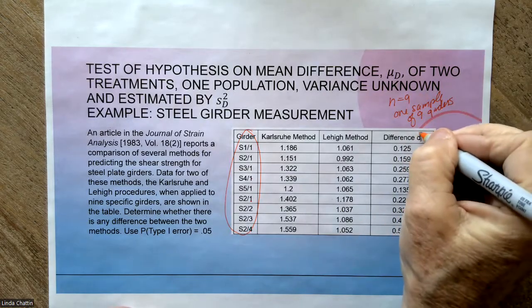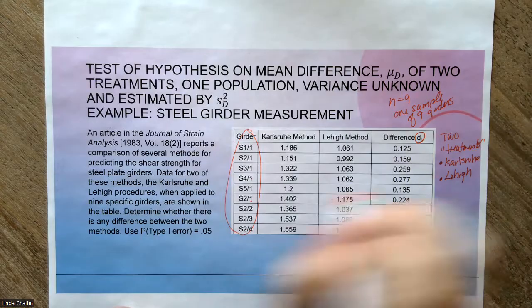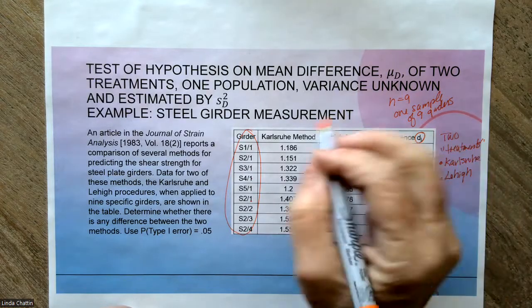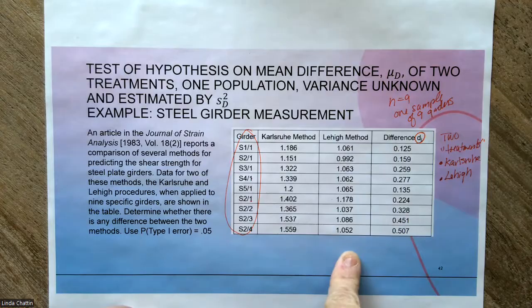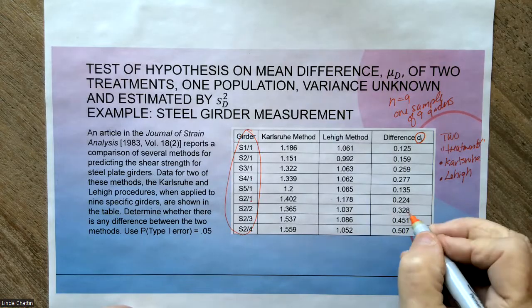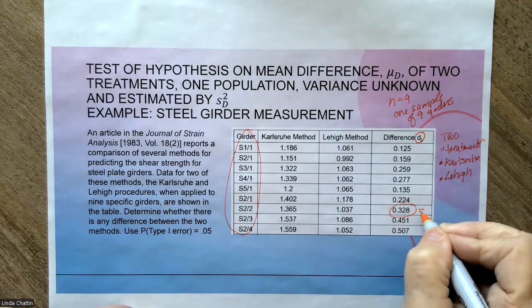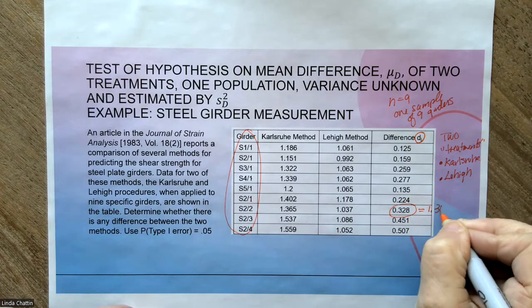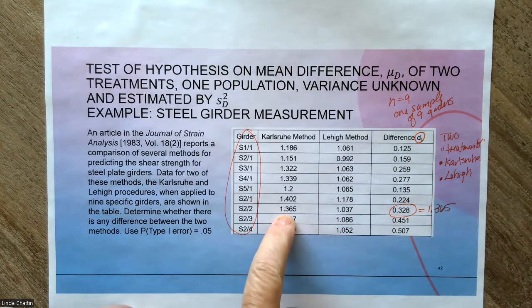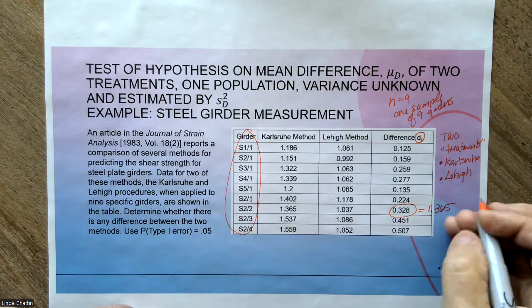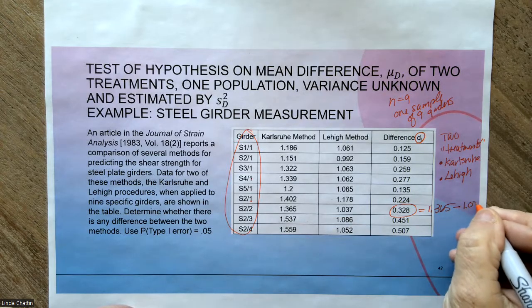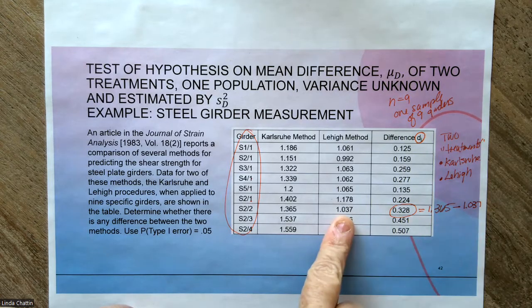So this column here, this d_j, is going to be the difference between this column and this column right here. So for example, this 0.328, that is 1.365, the measurement under the Karlsruhe method, minus 1.037, the measurement under the Lehigh method.